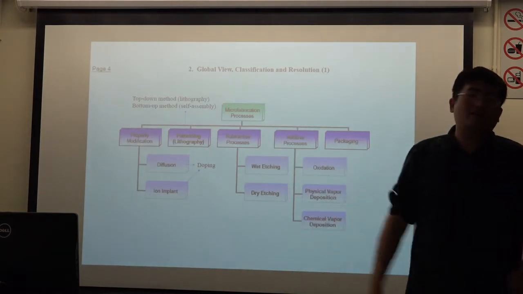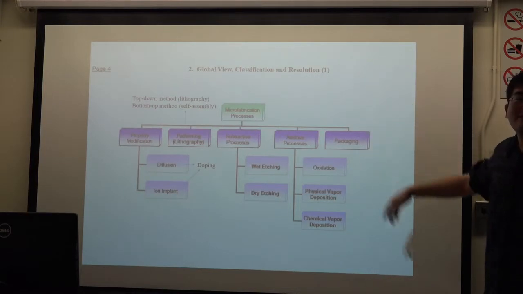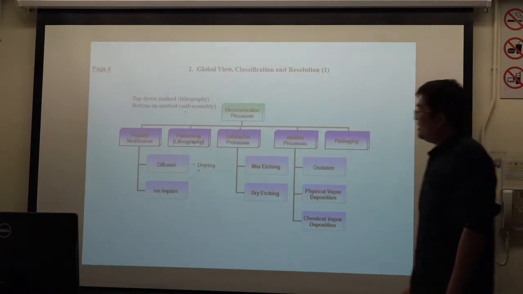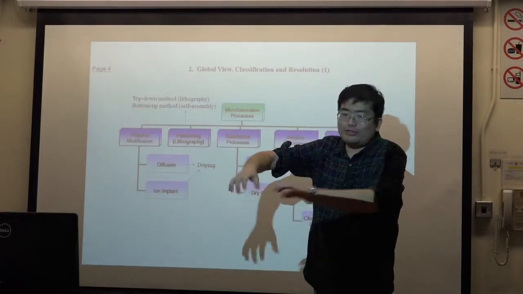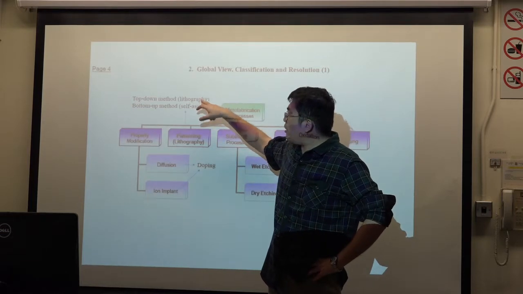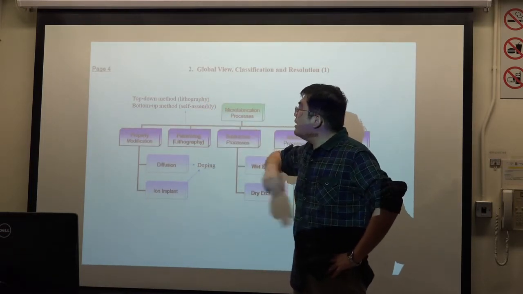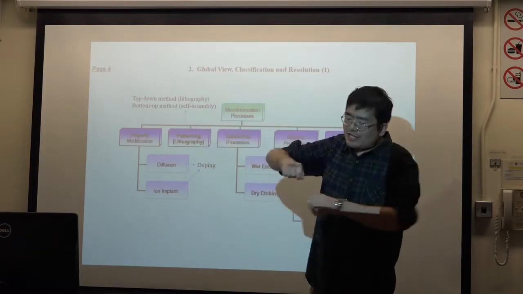You can change everything. Doping is quite important. No doping, no p-n junction, right? Another is patterning, using metamaterials or photonic physics to do the patterning. And there are two category methods: one is called top-down, one is called bottom-up. Top-down means we have the bulk material and then cut it.